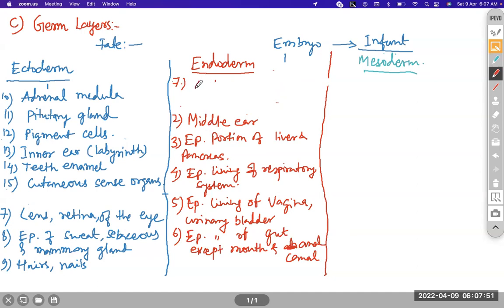Auditory tube and middle ear cavity. These structures are derived from endoderm.